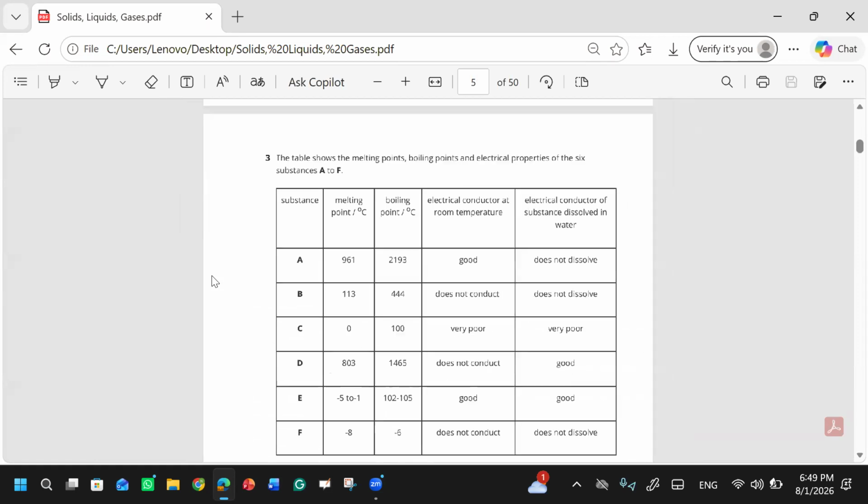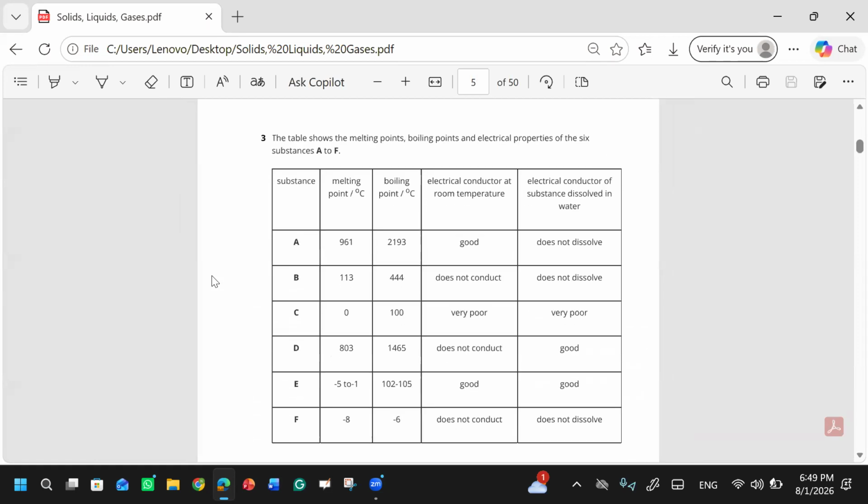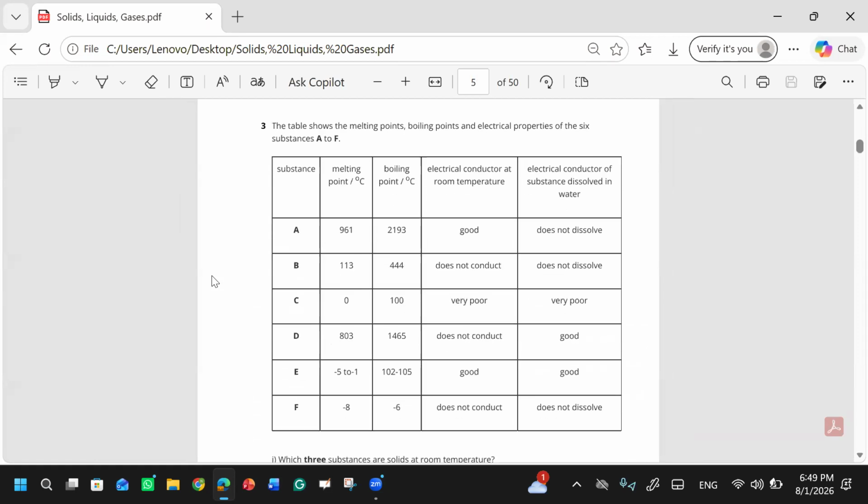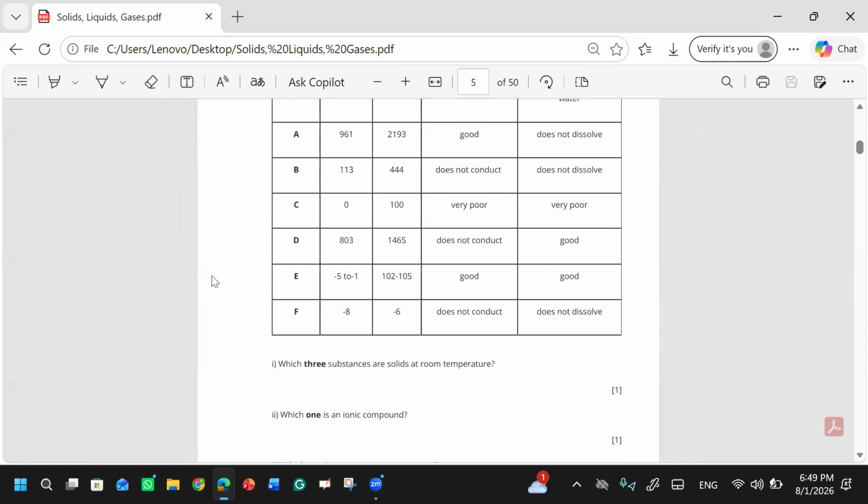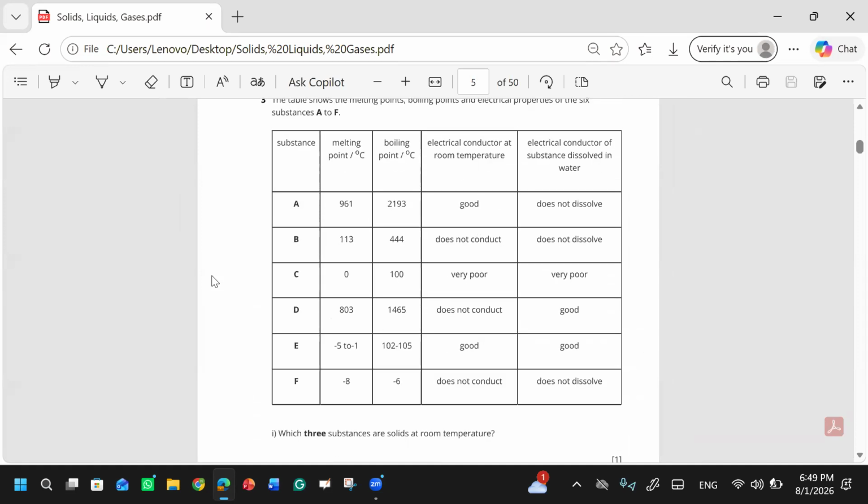The table shows the melting point, boiling point and electrical properties of six substances. Which three substances are solid at room temperature? A, B, and D. Why?